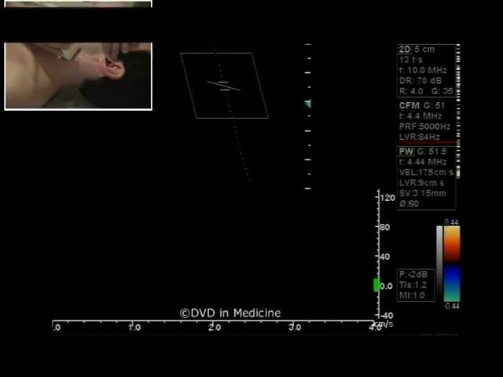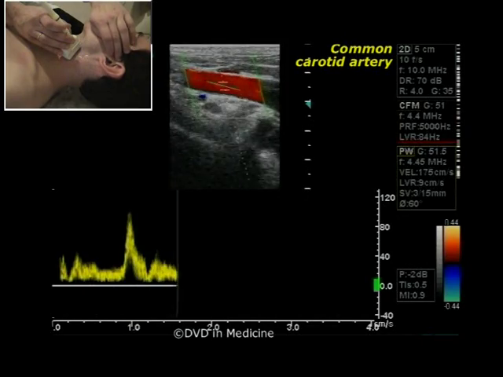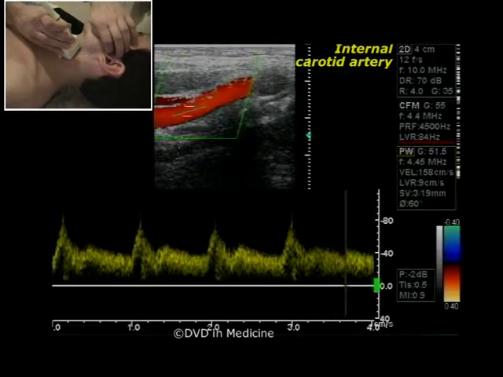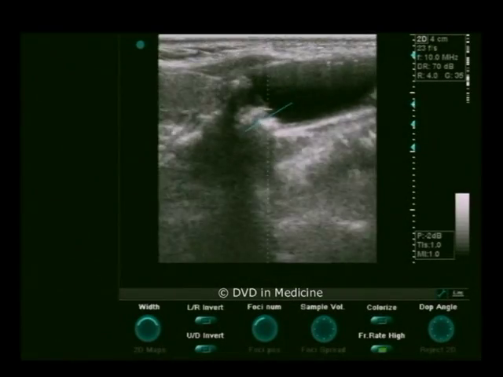However, if one performs Doppler investigation of the ipsilateral internal carotid artery or the common carotid artery, this tapping will produce little or no result.